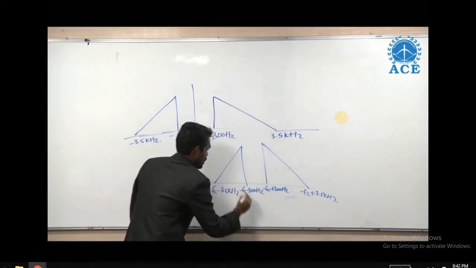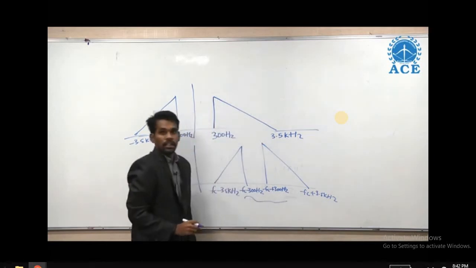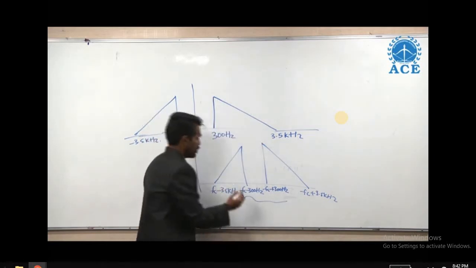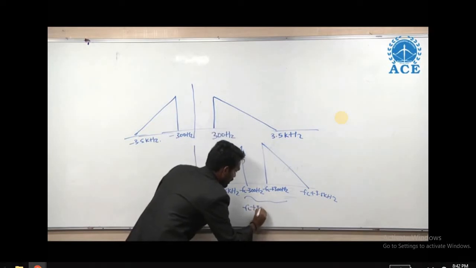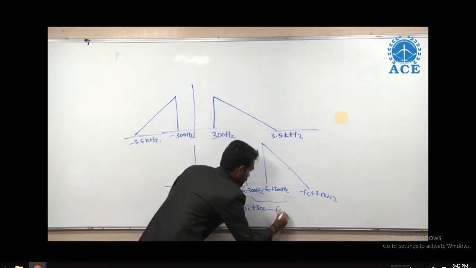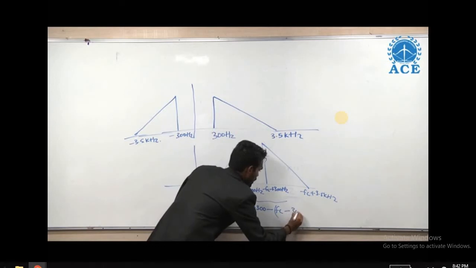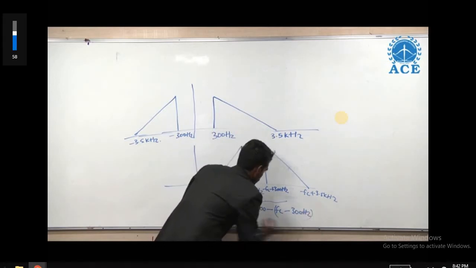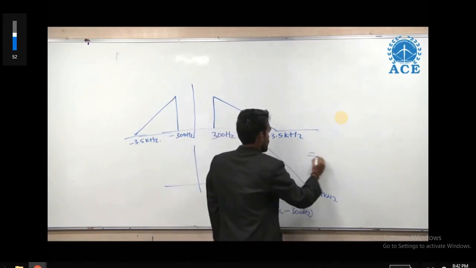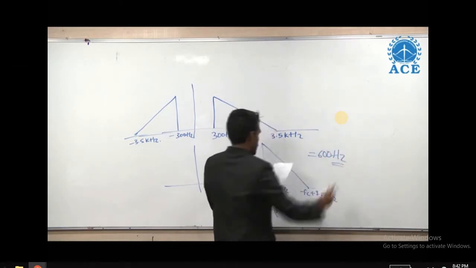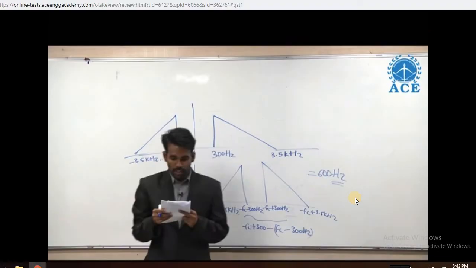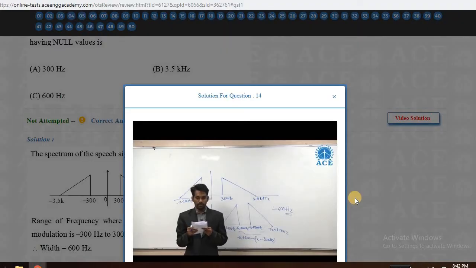So here we need to calculate the null space. So this is the null space. This is fc plus 300 minus fc minus 300. So this is 600 Hz. So from the given options, answer C is the correct one.